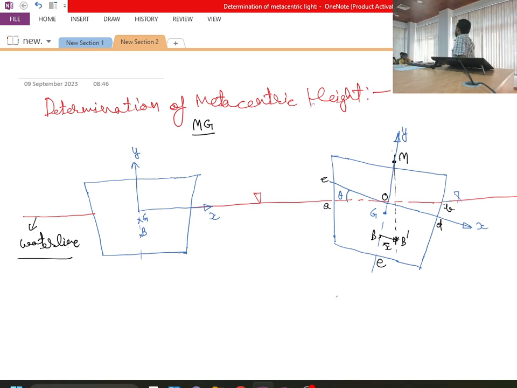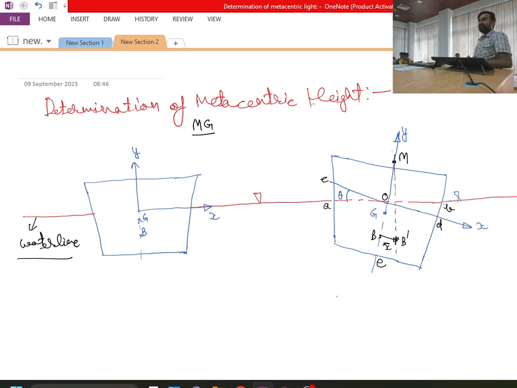This type of analysis is typically used by naval architects, because whenever they design ships, they try to keep the design of the cross section in such a way that this situation of stability is satisfied.